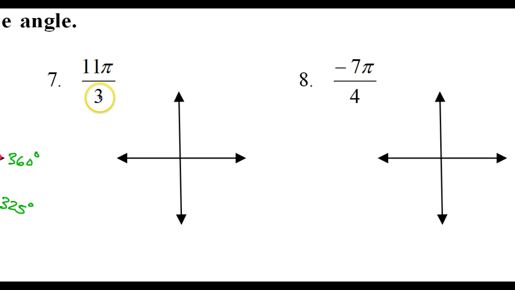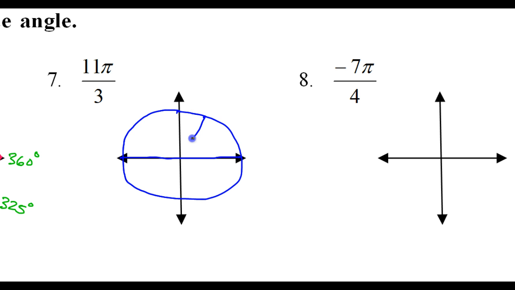What I'm going to do, because I see that it's pi over 3, is I'm going to draw my unit circle, okay, like you do, but I'm going to separate it into thirds, because the top half of this thing is pi. So just sort of ignore the y-axis for a second, pretend like that's not there.